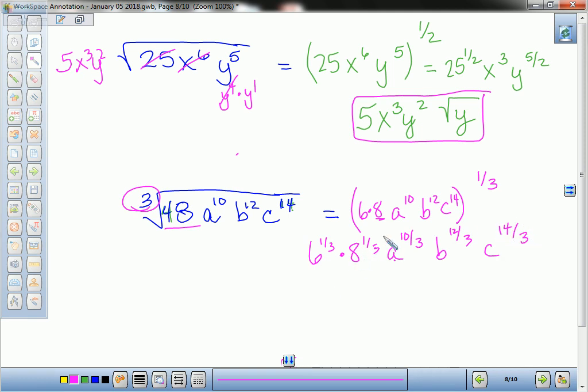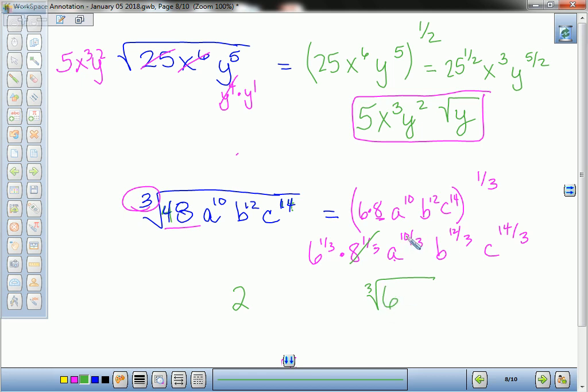All right, so this is helpful. I can take the 1/3 power. I can take the cube root of 8. The cube root of 8 is 2. I cannot take the cube root of 6, so it has to stay under the radical.